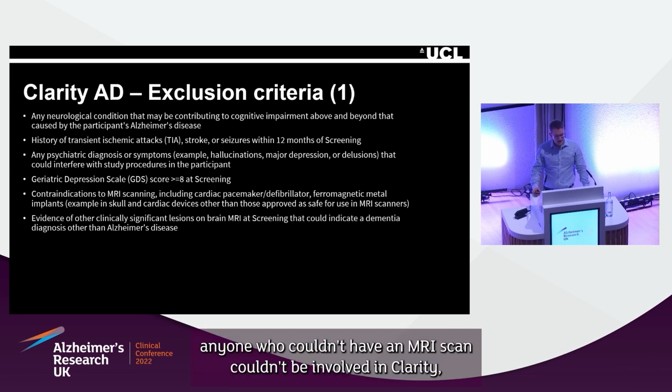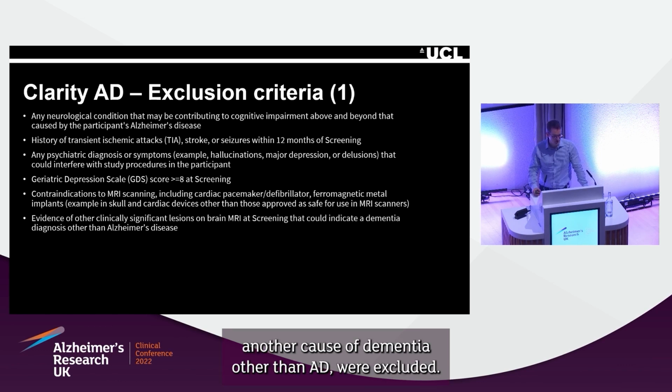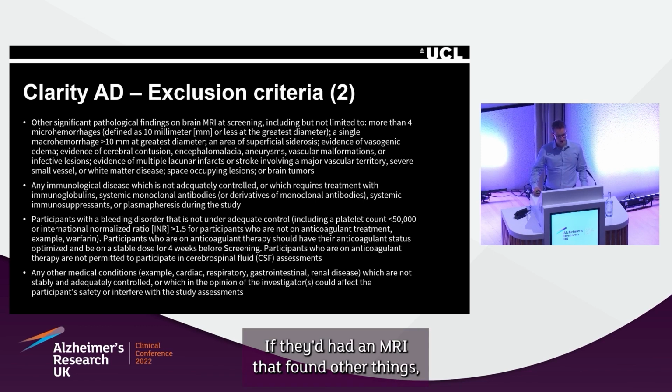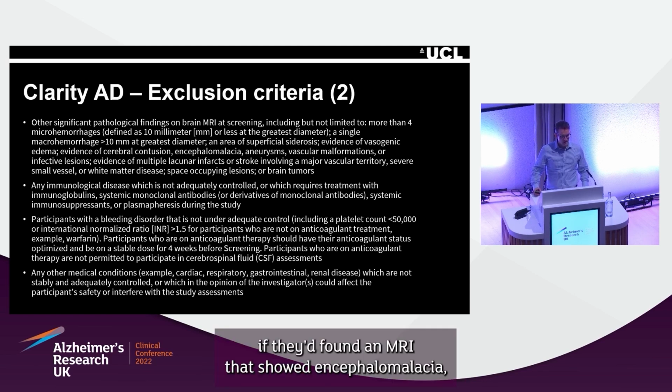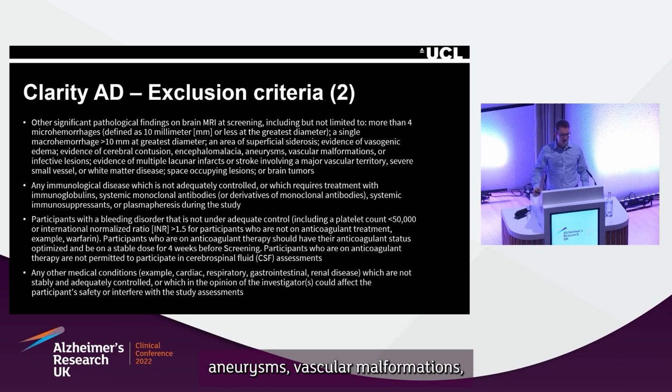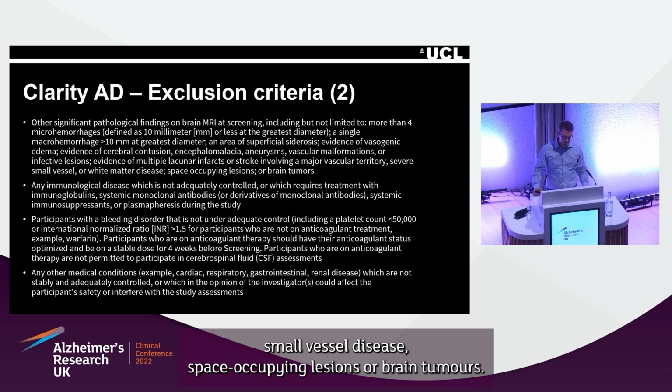Fairly understandably, anyone who couldn't have an MRI scan couldn't be involved in Clarity, but also those whose MRI suggested something else, another cause of dementia other than AD, were excluded. And that's not it. If they'd had an MRI that showed multiple microhemorrhages, encephalomalacia, aneurysms, vascular malformations, multiple lacunar infarcts, strokes in major vascular territories, small vessel disease, space-occupying lesions or brain tumours.